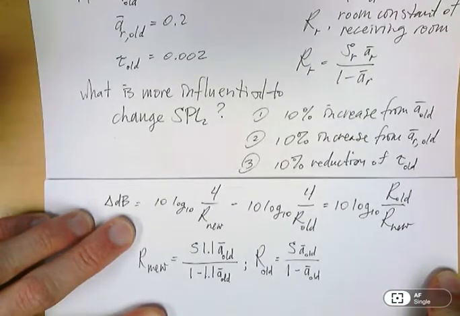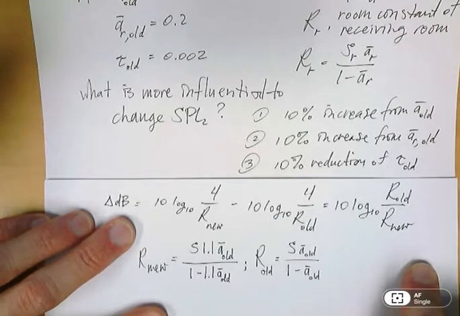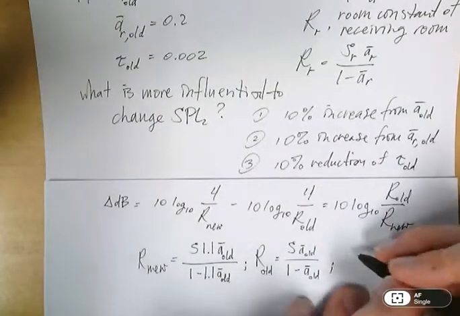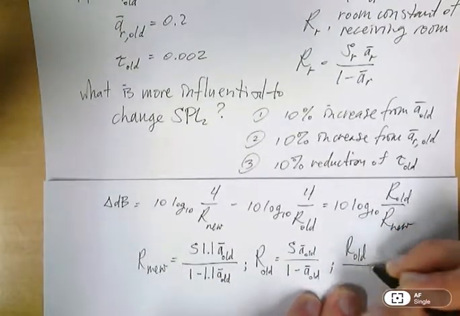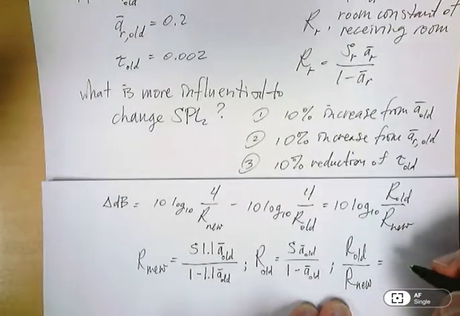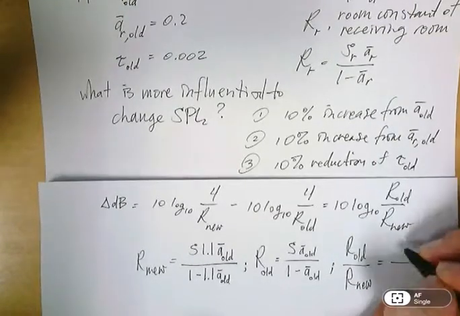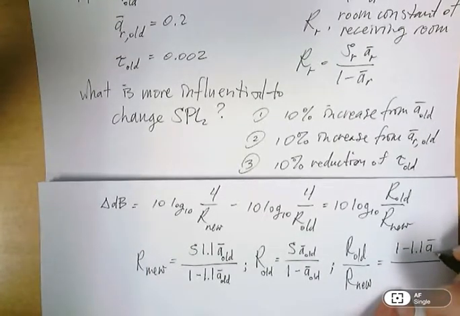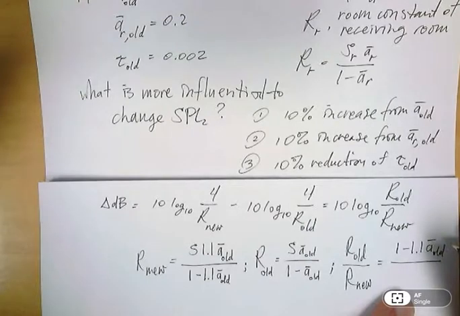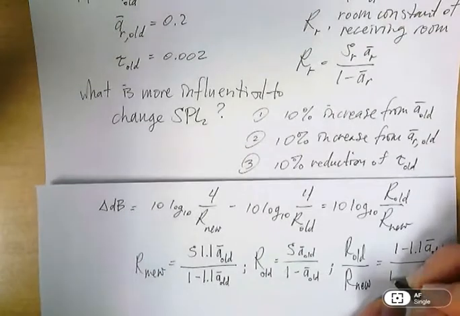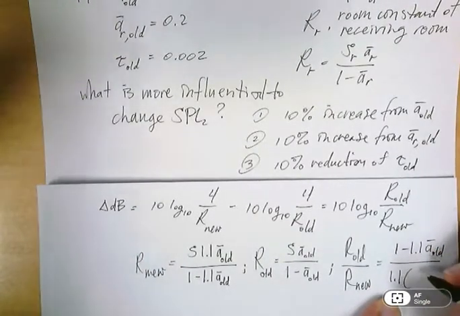So if we take this expression here, we could do R old on R new, and what would we get? Well, after simplification, we'd have 1 minus 1.1 A bar old in the numerator, and in the denominator, we would have 1.1 and 1 minus A bar old.